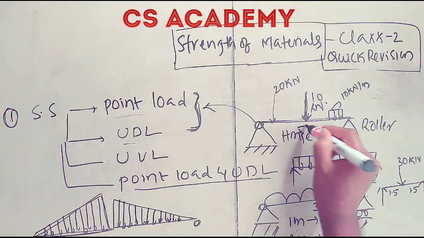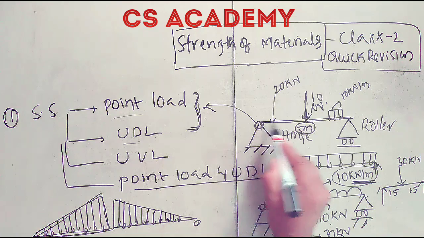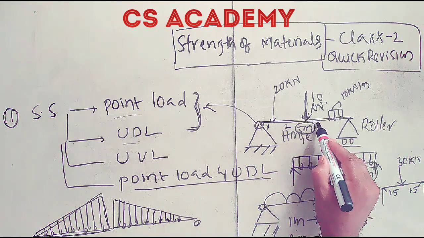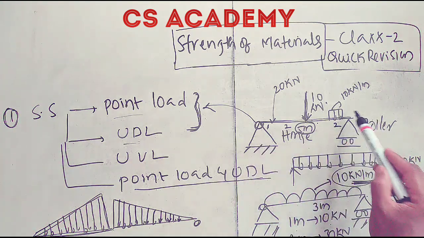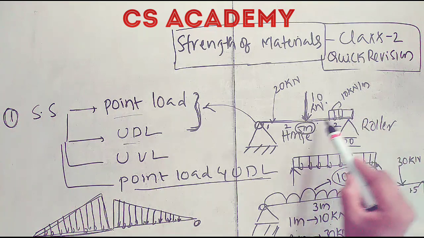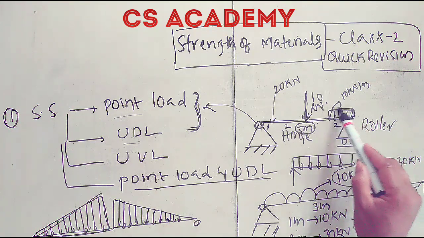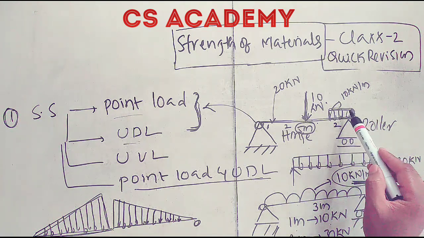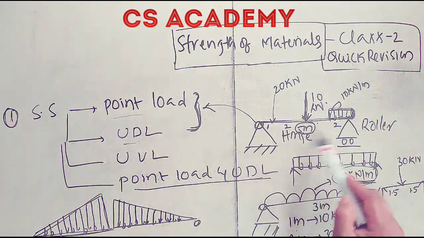The total length is 5 meters. This load is acting at 1 meter, this at 2 meters, and the UDL load acts at 2 meters. Finally the total load will be 20 kilonewtons. This is a combination of point load with UDL.